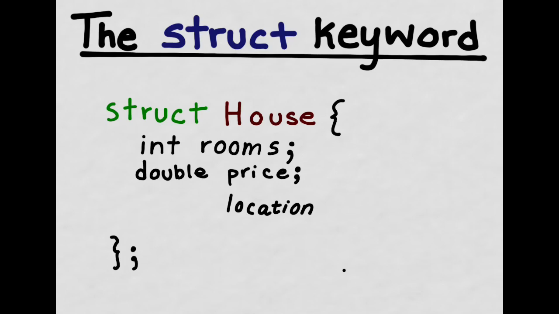So we need to use the keyword char for character or characters, and since I'm not going to initialize this to anything, I'm going to need to put the number of elements, and I'm just going to arbitrarily make the size equal to 256. And now we have created a struct with the members rooms, price, and location.